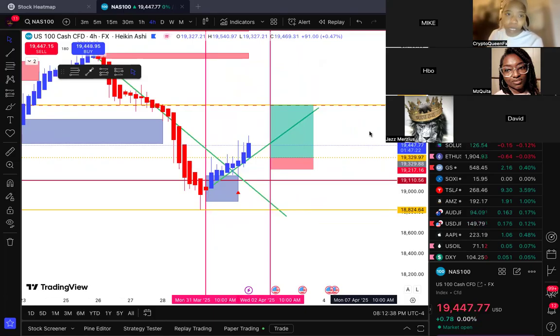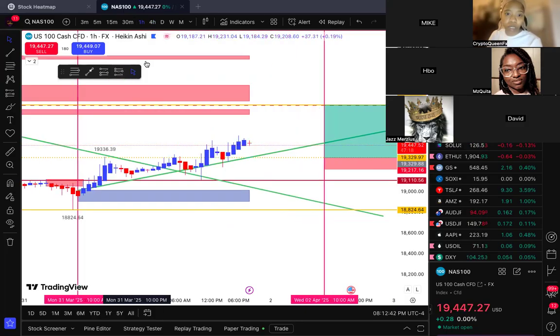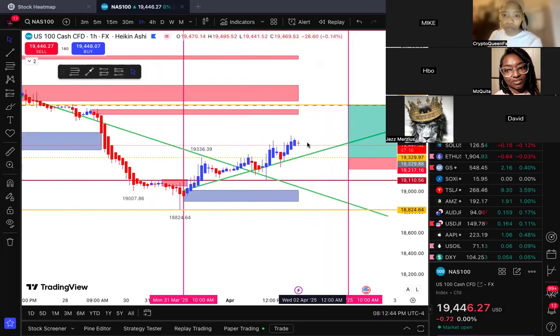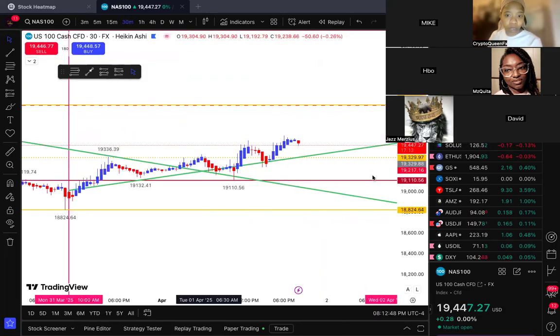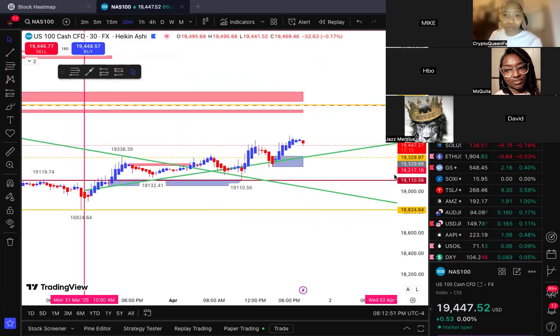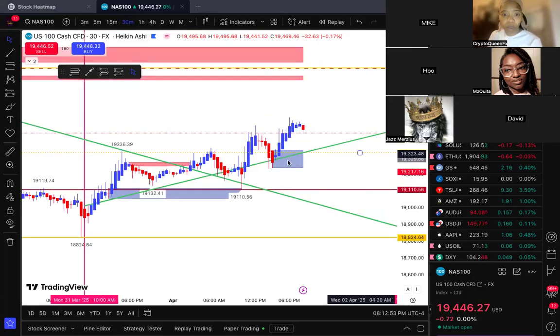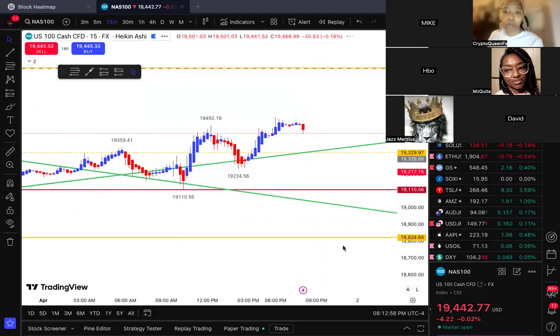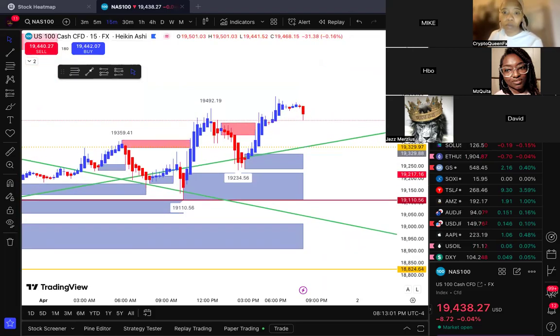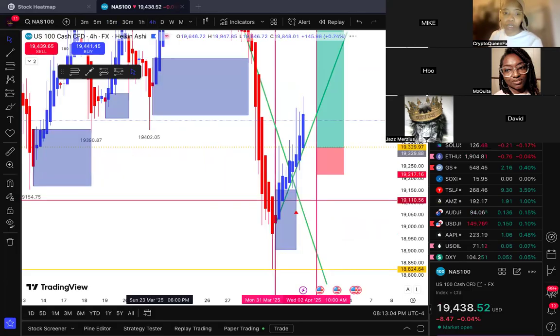I know it's buying, but it's pulling back because we're in Sydney. See on a lower time frame, it's selling. The sell is your confirmation that it's gonna be buying in New York. It's doing exactly what we wanted for the setup for New York session.